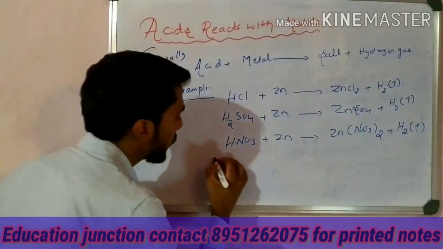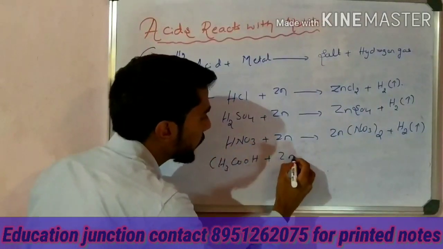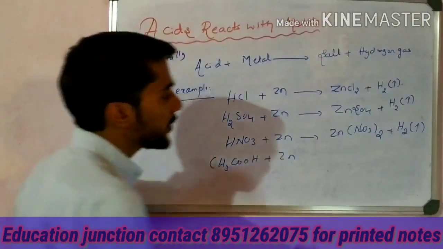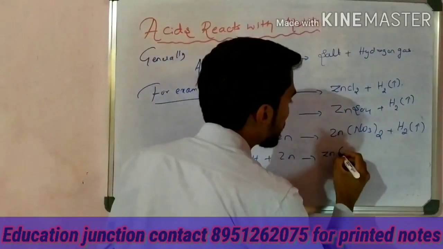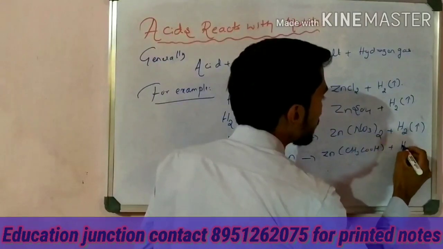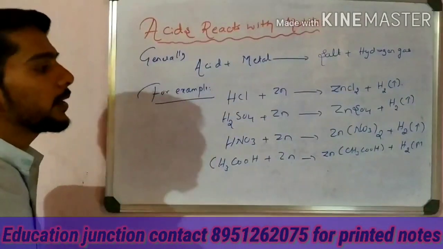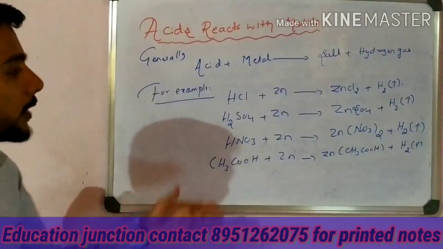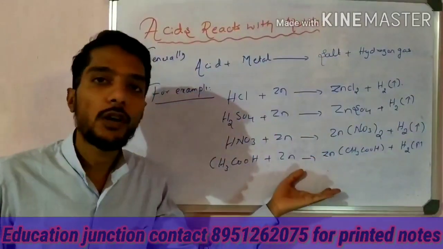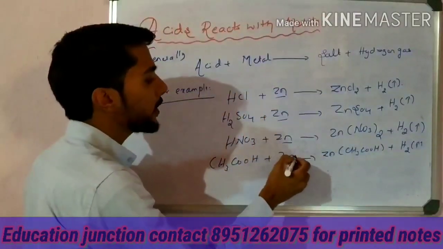Then take the last example, the weak acid CH3COOH. When it reacts with zinc, what happens, students? Zinc acetate plus H2 gas is liberated. So that is all about the reactions of metal with acid. These are all metals.